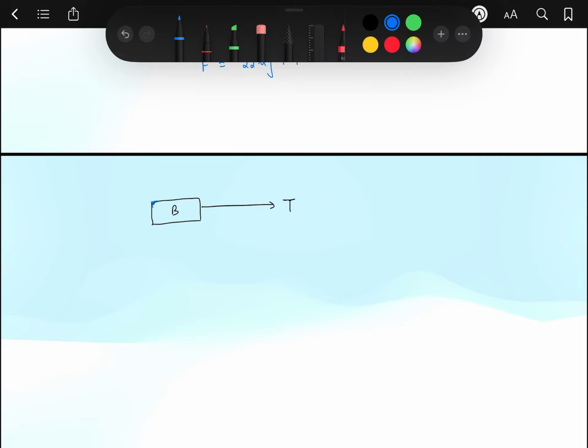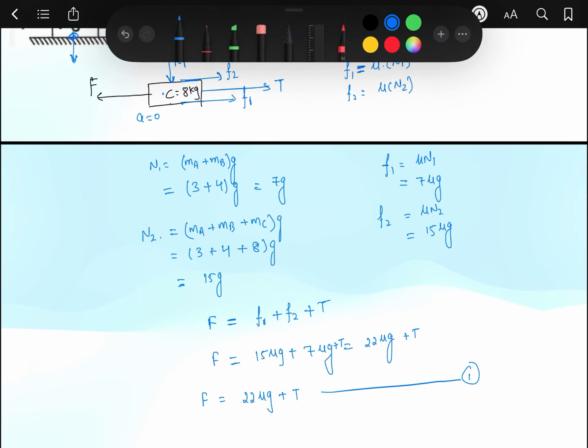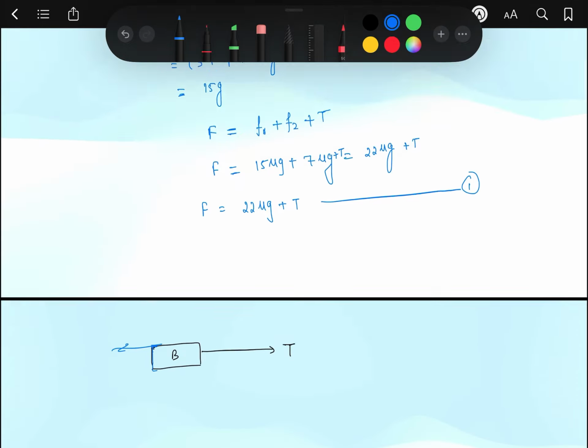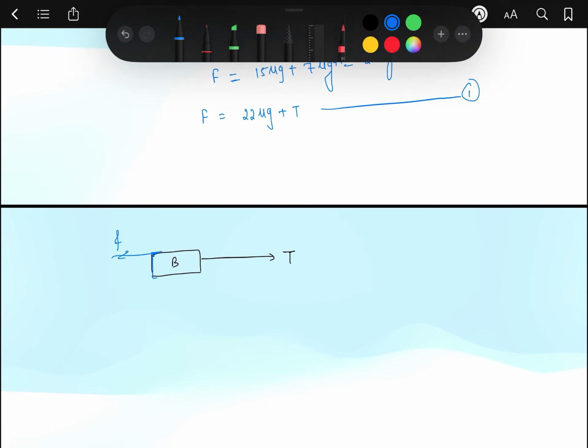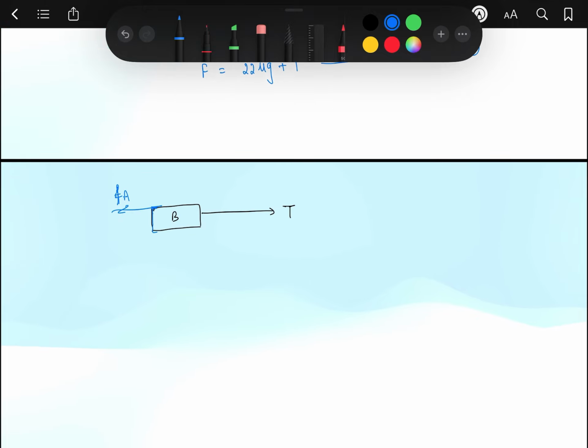So to prevent this relative sliding, there will be a friction force acting in leftward direction due to this upper block contact. Let me call it FA, due to A block it is acting.